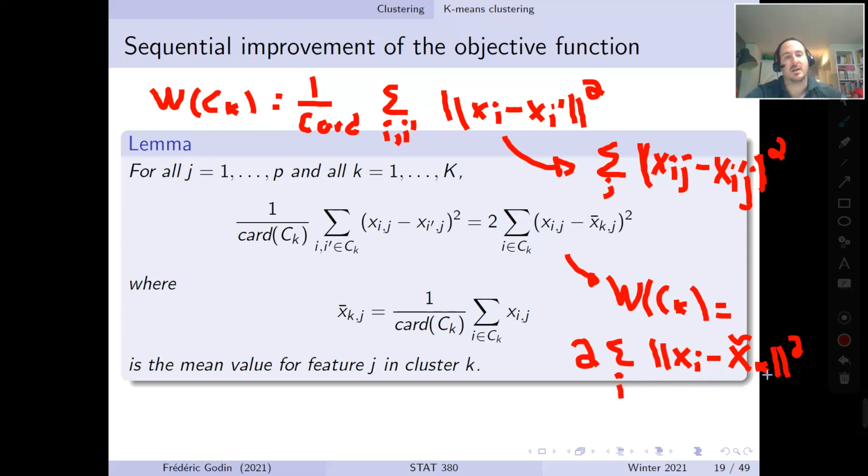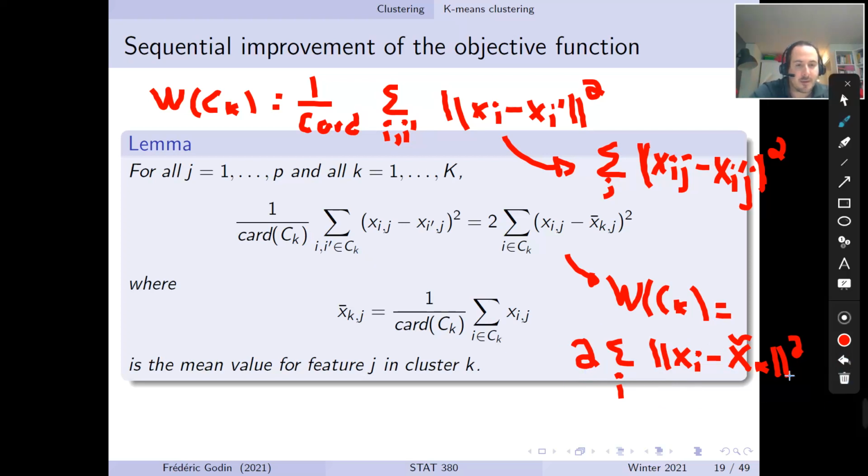Okay, so it shows another representation of the within cluster variation, and this is why we had 1 over cardinality instead of 1 over cardinality squared. It's because it allows this quantity to just vanish here. So this expression might be a bit more telling sometimes, and we can use that in subsequent computations when we prove the previous theorem. Okay.